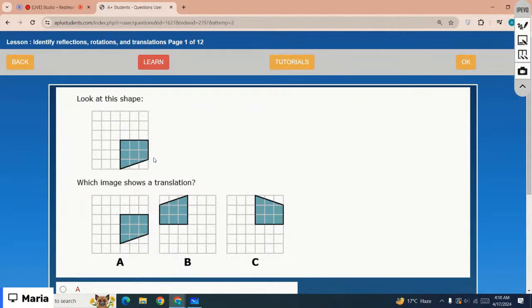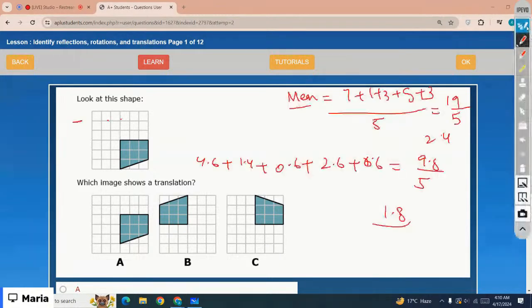So which one shows the translation? Translation slides the figure to a different location, right? That means you need to shift the whole image to a new position. Okay, let's see.